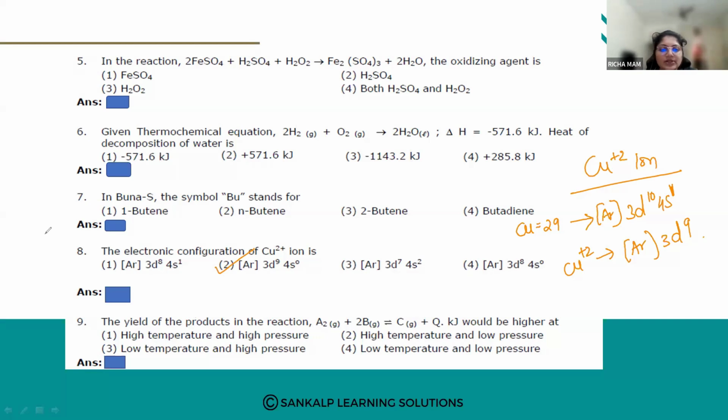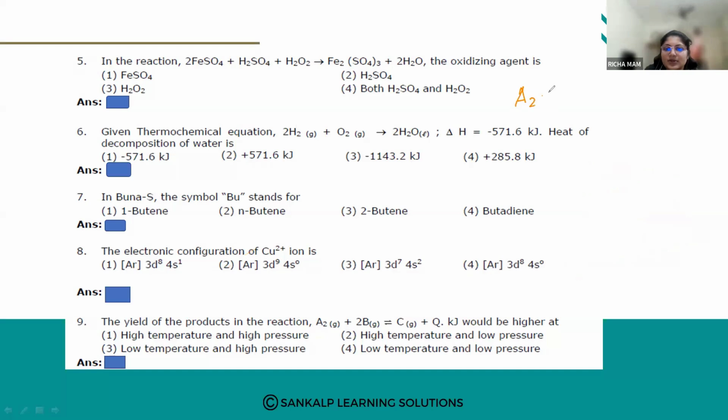This is based on the concept of Le-Chatelier's principle. Remember, we have recently solved this. So this is the reaction, A2 gaseous plus 2B gaseous in equilibrium, plus Q kilojoules, from the chapter equilibrium.